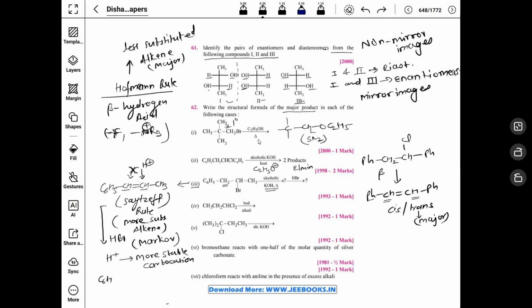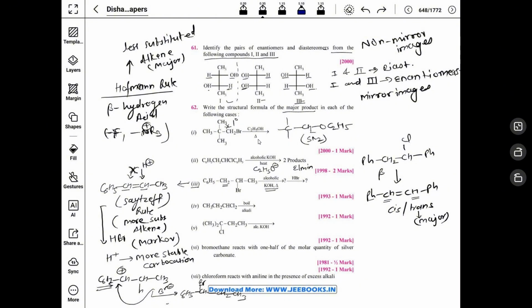It will give you a benzylic carbocation after adding the proton here, and benzylic carbocations are more stable due to resonance stabilization by the phenyl ring. After that, bromide will attack to give you the desired product. You know what the product will be.